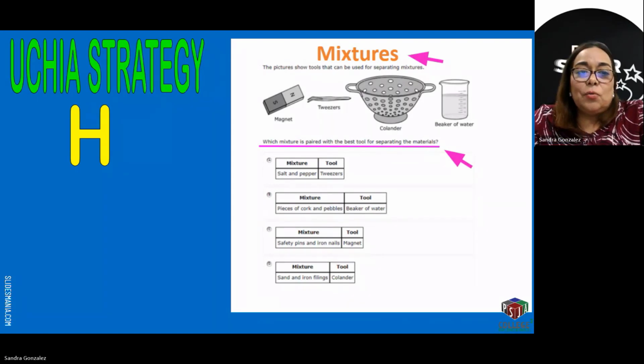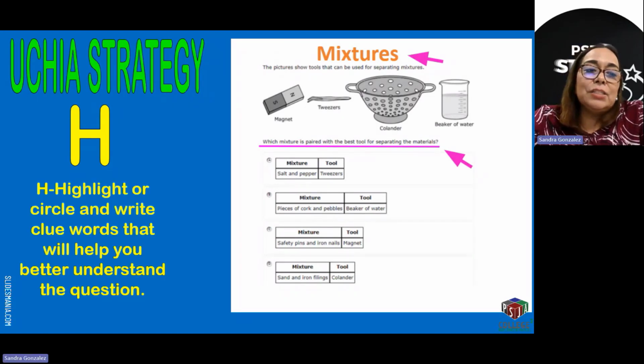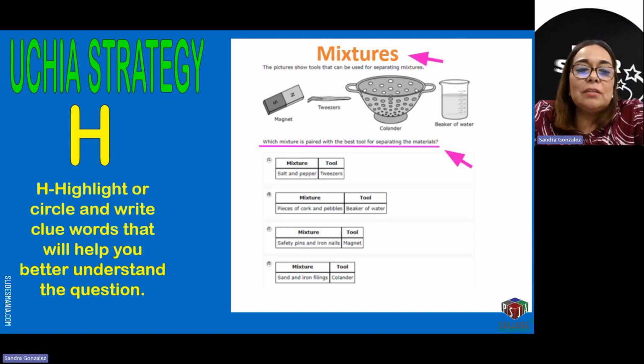H. What is H for? H is highlight or circle and write clue words that will help to better understand the question. So now we've read the question, we've identified the concept, which is mixtures. What are some of these clue words here? Can anybody unmute yourself and say in the chat what are some of the keywords that we would probably highlight here?